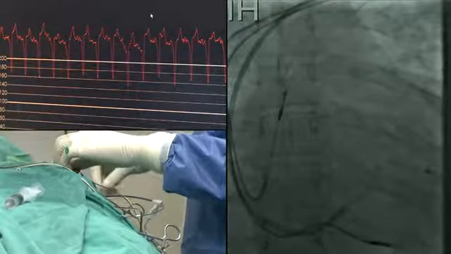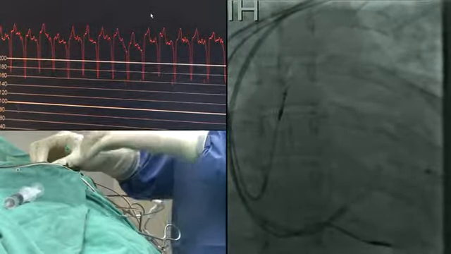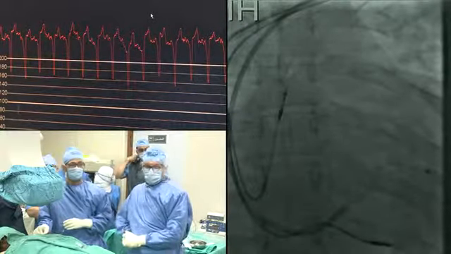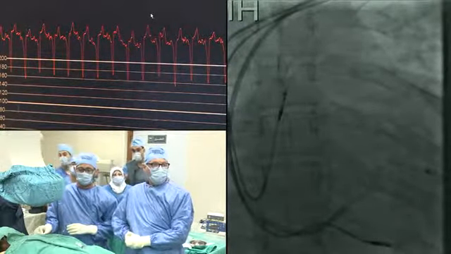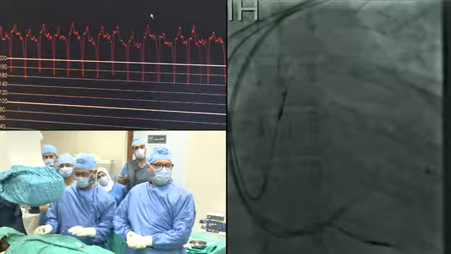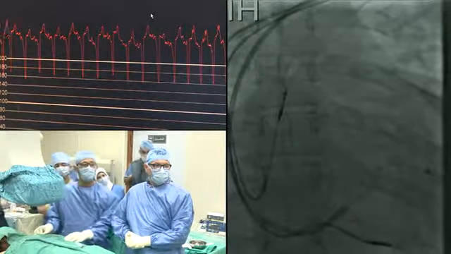The P wave is 1.5. Okay. I will pace at 120. Now I'm starting pacing. The P wave is 1.5.